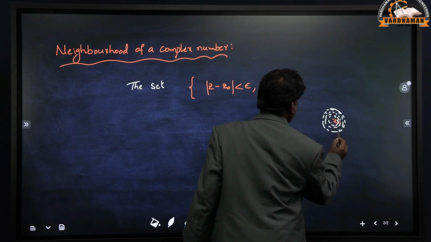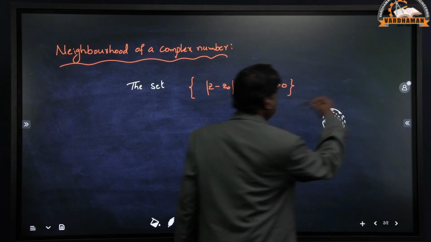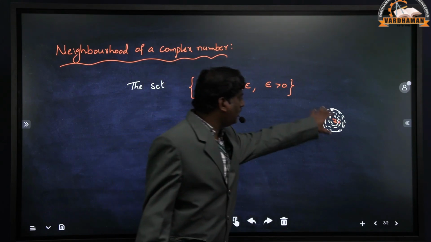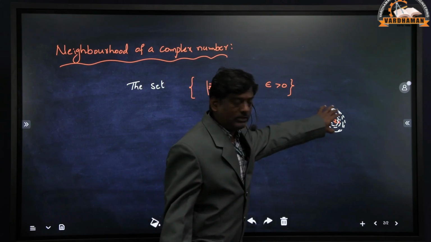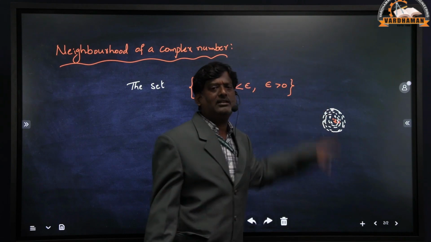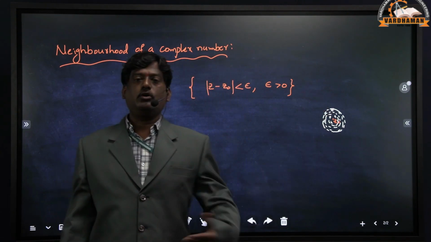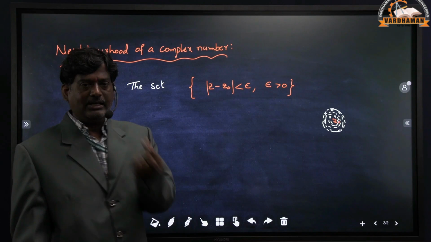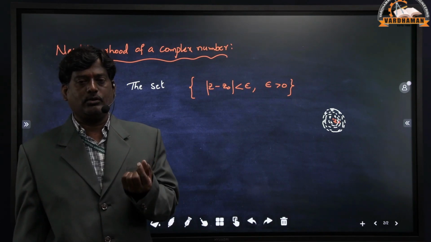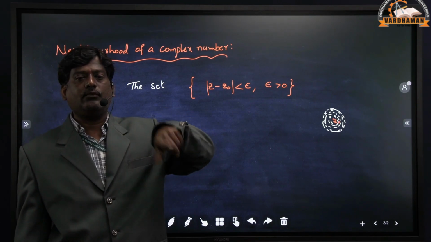The region I denoted here with the dotted lines is completely considered as a neighborhood of the complex number. If you take any complex point, you can take its neighborhood in the form of a circle.